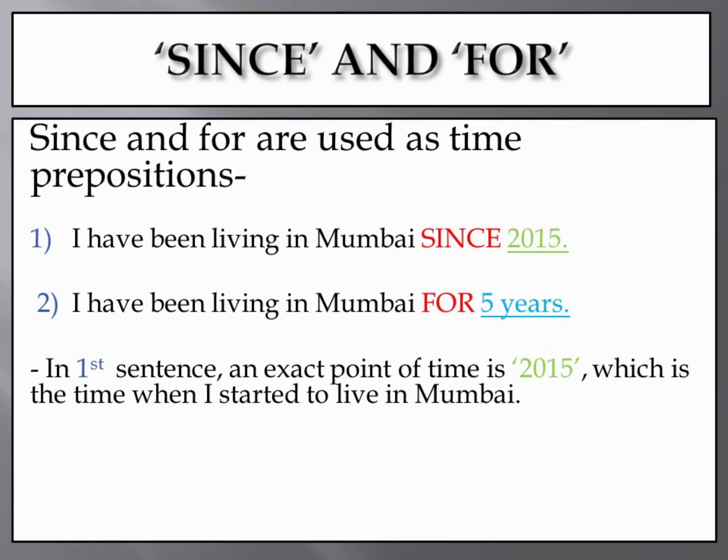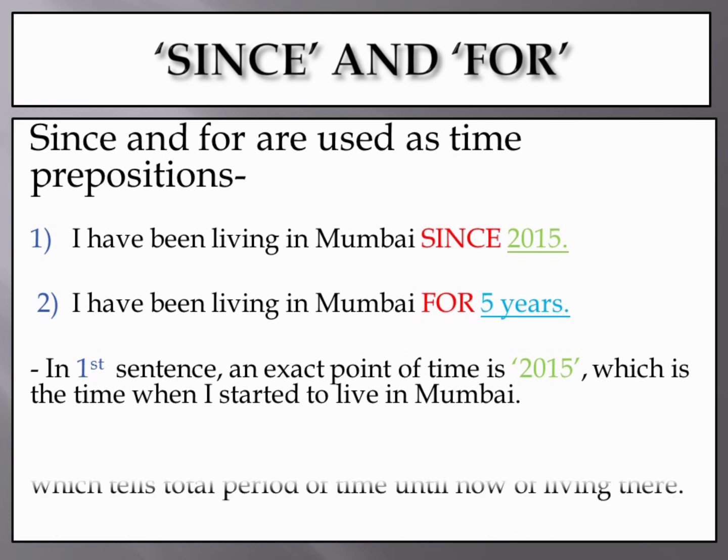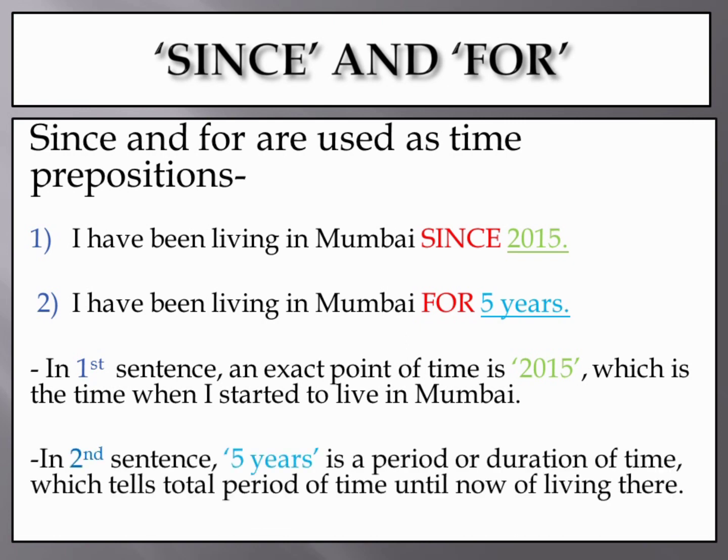And in the second sentence, there is a difference, which is for and 5 years. Now 5 years is a time period or a duration of time, or we can say an amount of time, which tells the total period of time until now of living there.